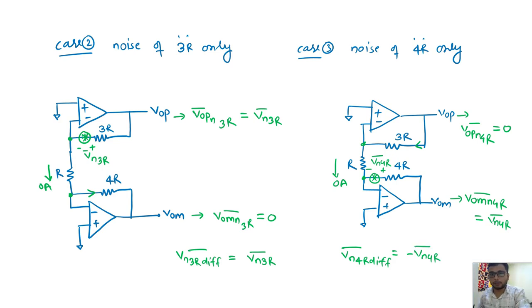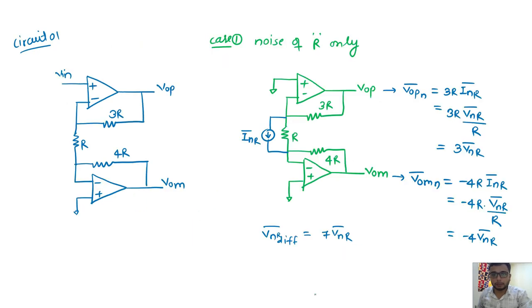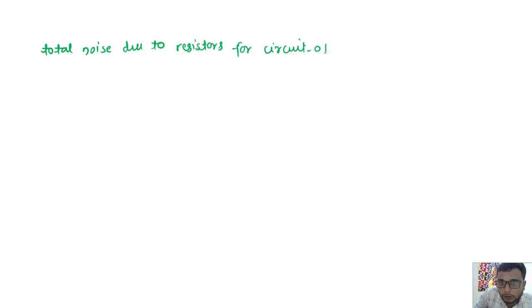So for circuit 1, VNR diff for this resistor is 7 Vn of R. So what is the total noise due to resistors for circuit 1?